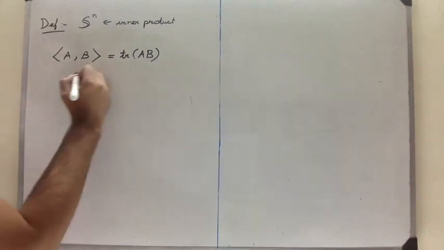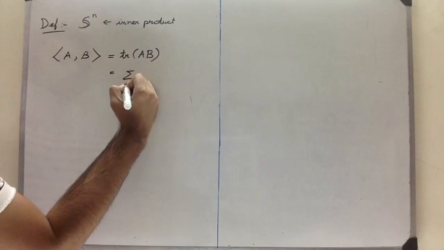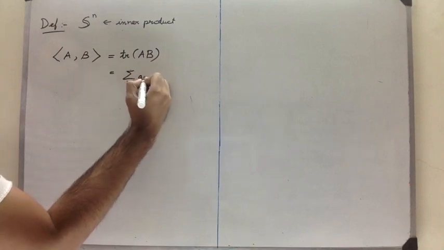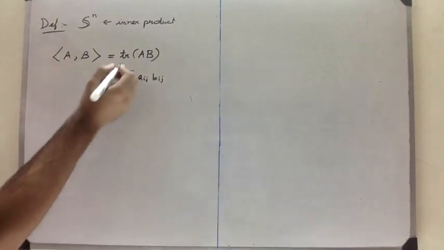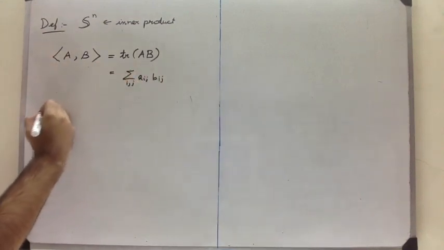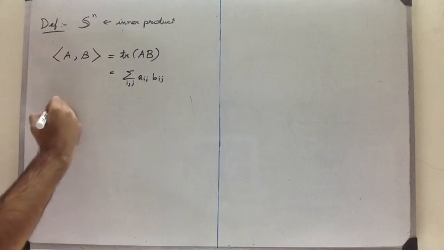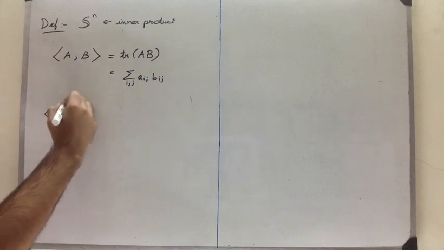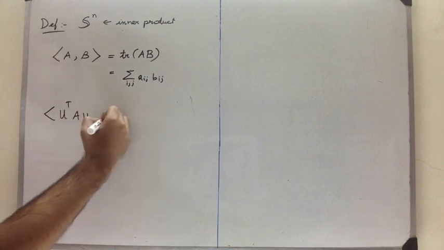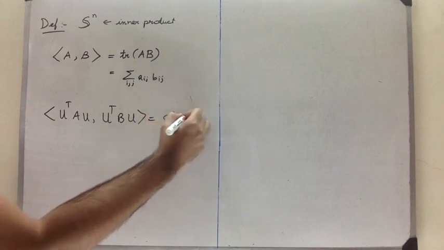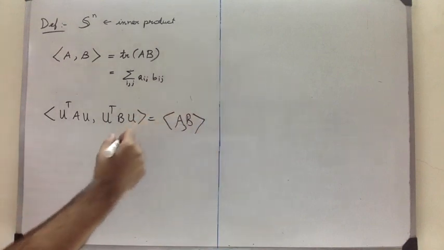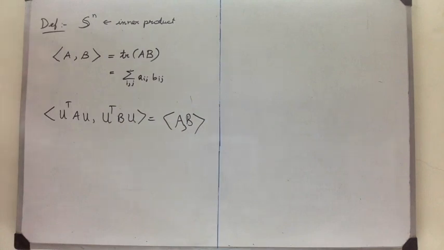When written in terms of components, this will be the sum over ij of Aij Bij. Now from the cyclic property of trace, one can show that trace of U transpose A U U transpose B U is trace of AB. So one just needs to apply the cyclic property of trace and the orthogonality property of U.